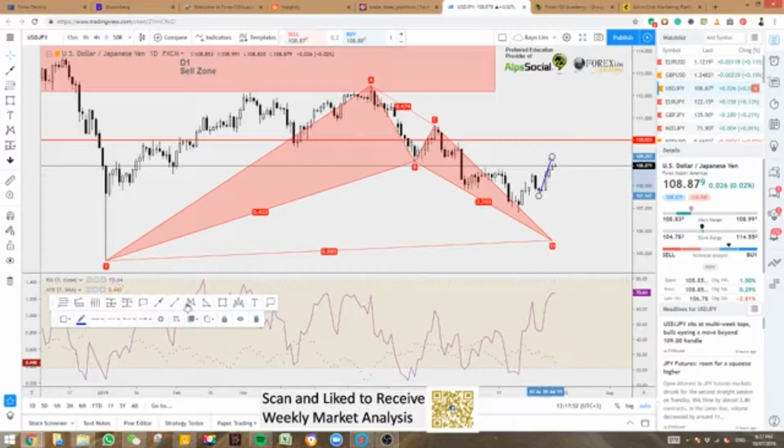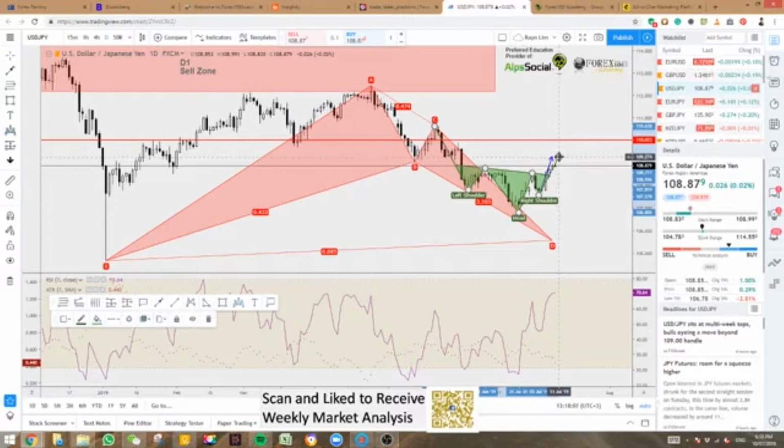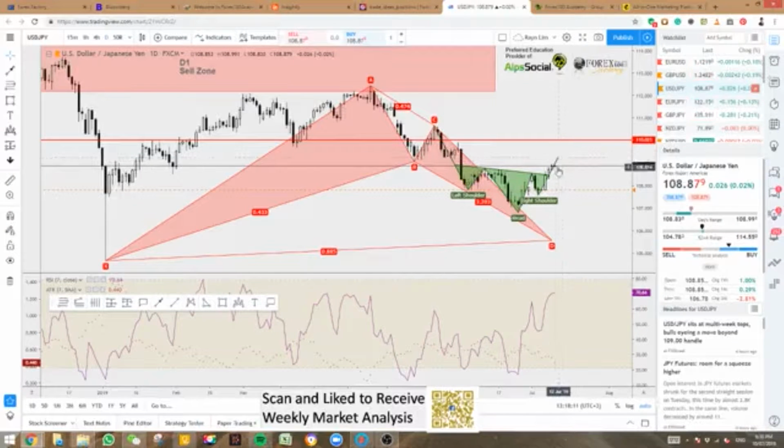It is a head and shoulder formation, completing at this price. So no point chasing unless there is a retracement for a buying opportunity upwards.